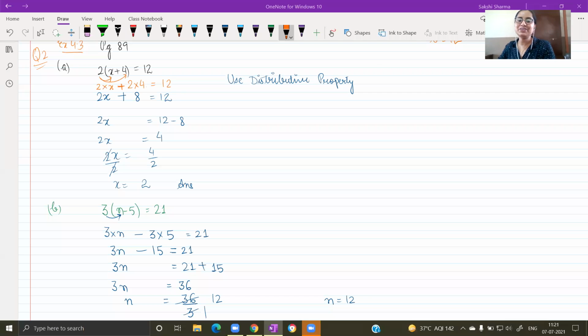You could have done it this way also. You could have just transposed the 2 from the left hand side to the right hand side, even then you would get the same answer. The way I have done this is your second method, balancing the equation method, where we divide with same number on both sides. It's a different method, but the answer is the same. Either way is correct.